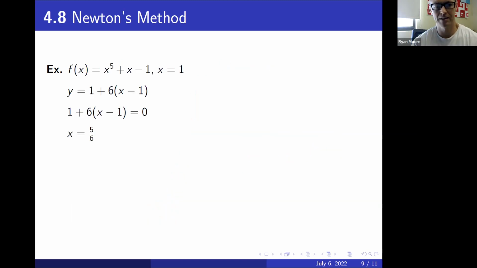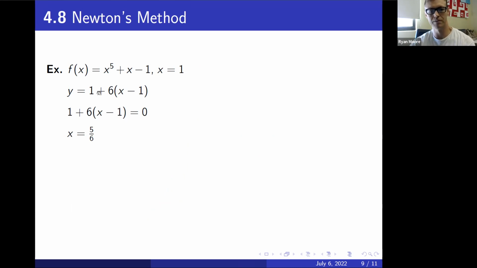So I'm going to bring back our example, f of x equals x to the 5th plus x minus 1. And we started at x equals 1. We realized the equation for our tangent line for this was y equals 1 plus 6 times x minus 1.